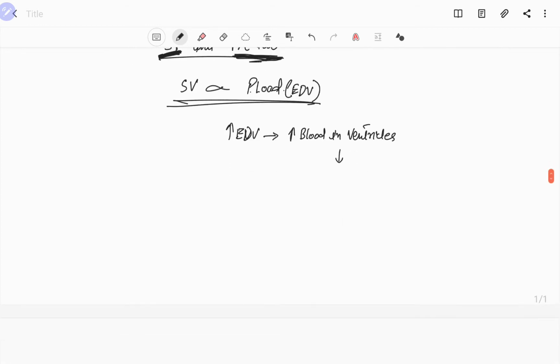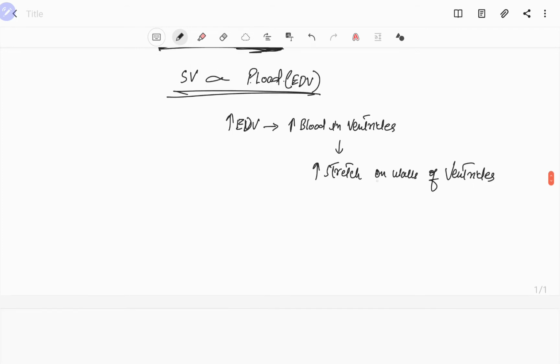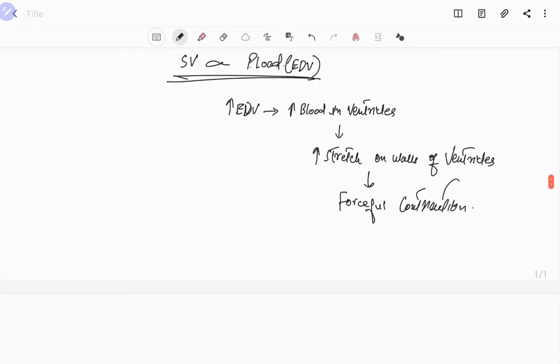This means there is more stretch on the walls of the ventricles, and the more the stretch of the walls, the more forceful the contraction of the ventricle to push all the blood that has come into it into our circulatory system.